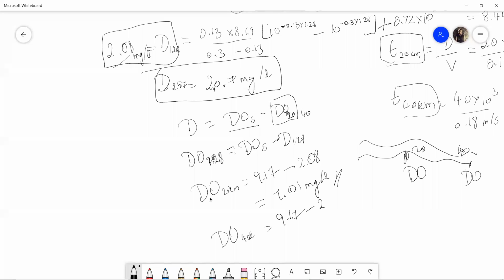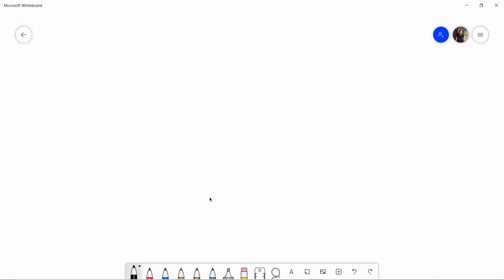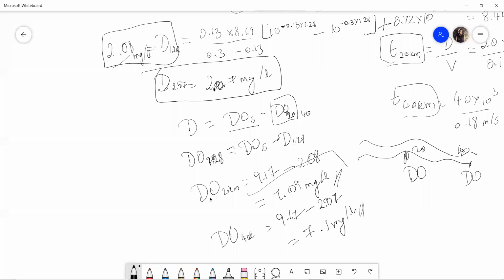Not 2.0, it's 2.07. 9.17 minus 2.07 is equal to 7.1 mg per liter, that is 7.09. So this is the answer that you needed at the end. 7.09, 7.1 mg per liter is the final answer.